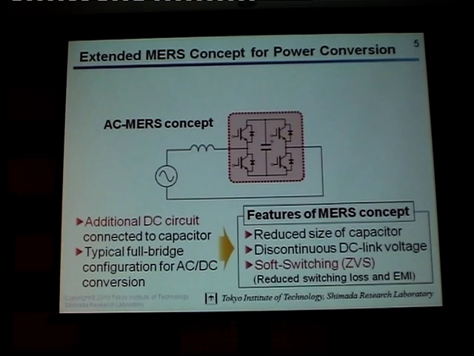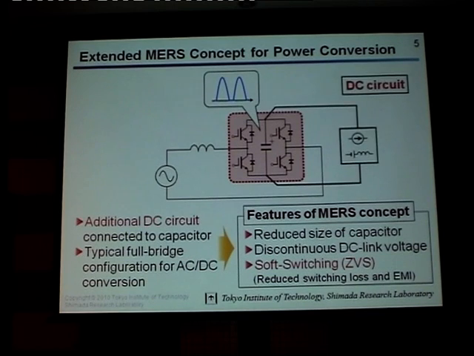And now, the point is the capacitor voltage waveform has a zero voltage period, and the waveform is like that. And we added an external DC circuit here.